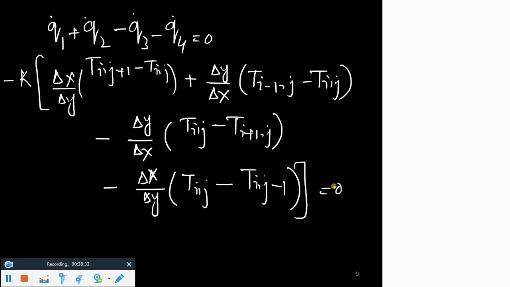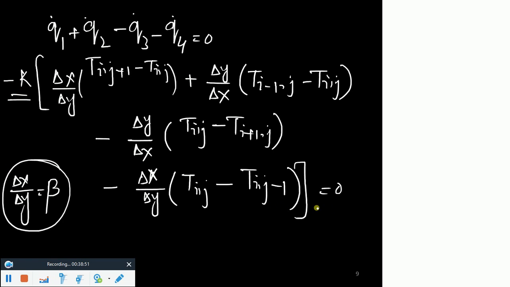Okay, now see, I can simplify them. Let's say this is delta x over delta y equals beta. Just to simplify the expression, this is basically beta, right? Now this k cannot be 0, so it means this whole expression inside the brackets needs to be 0.